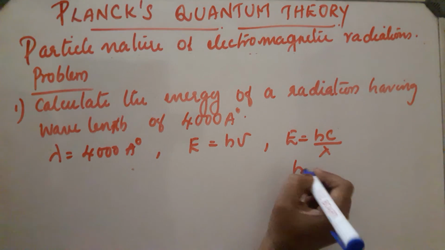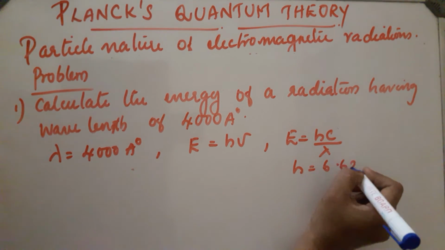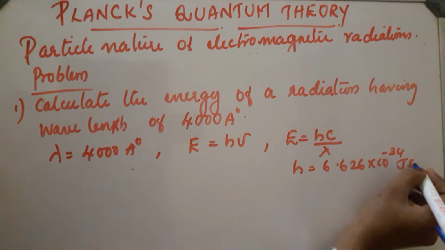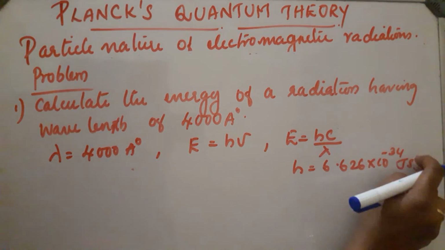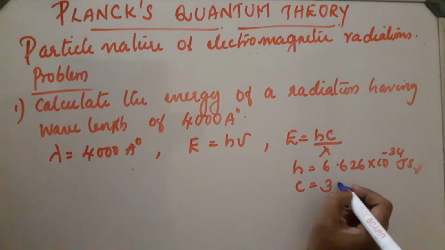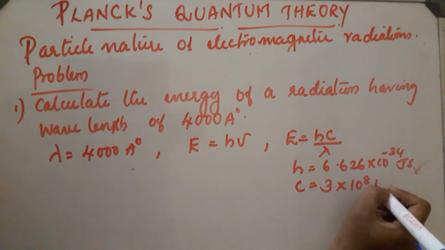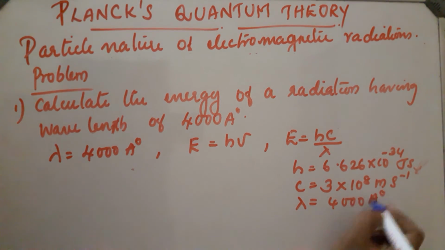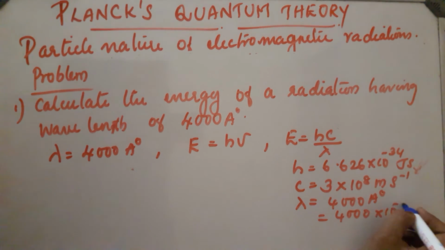We know h is equal to 6.626 into 10 raised to minus 34 joule second, and c is 3 into 10 raised to 8 meter per second. Lambda equal to 4000 angstrom is equal to 4000 into 10 raised to minus 10 meter.